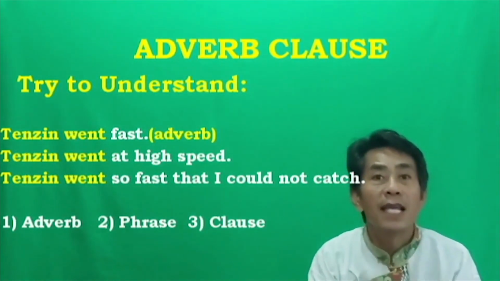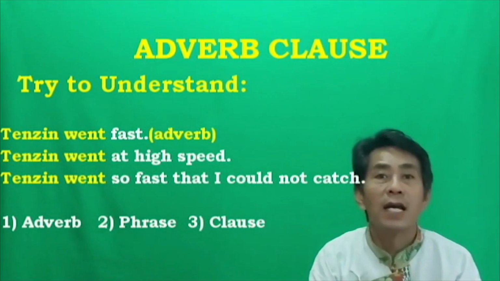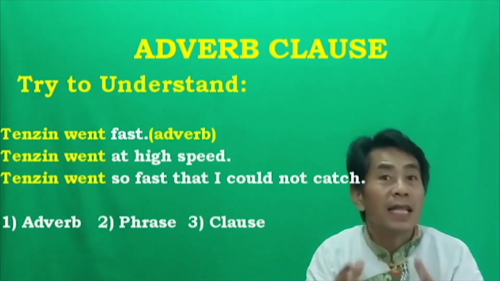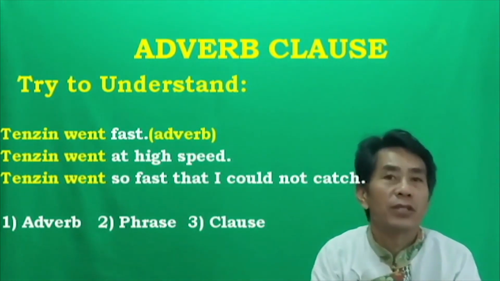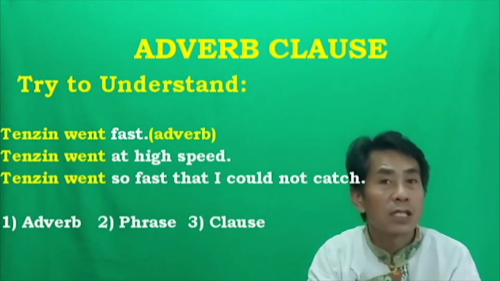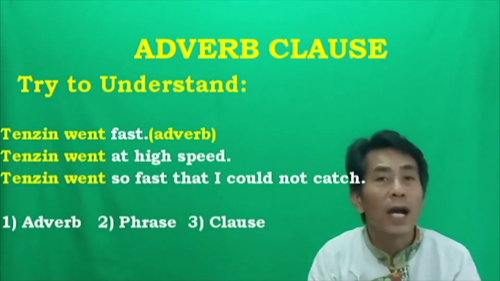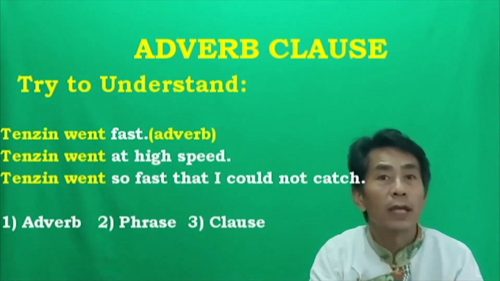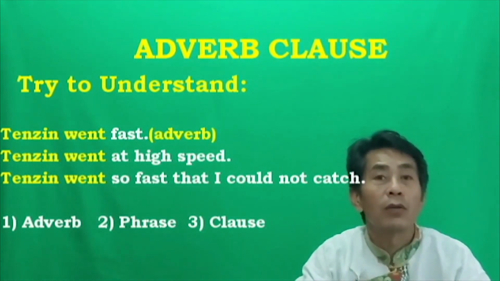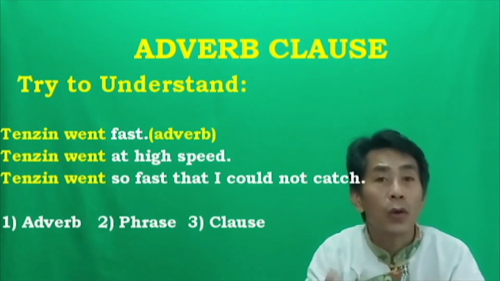Third: Tenzin went so fast that I could not catch him. Now this is a clause. What type of clause is this? This is an adverb clause. Why? We are talking about Tenzin. How did Tenzin go?